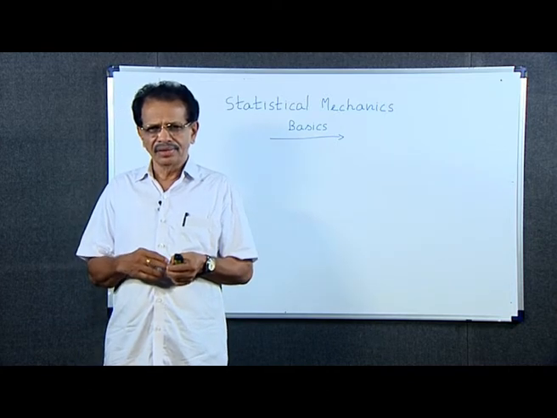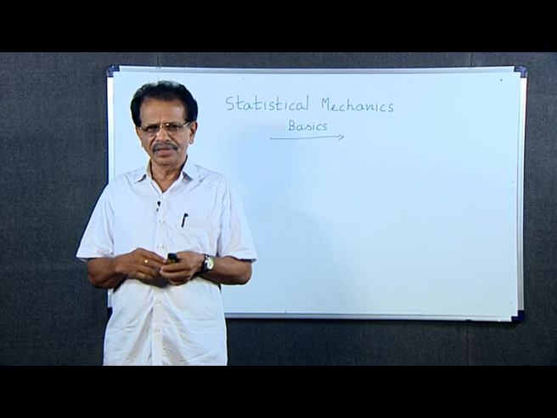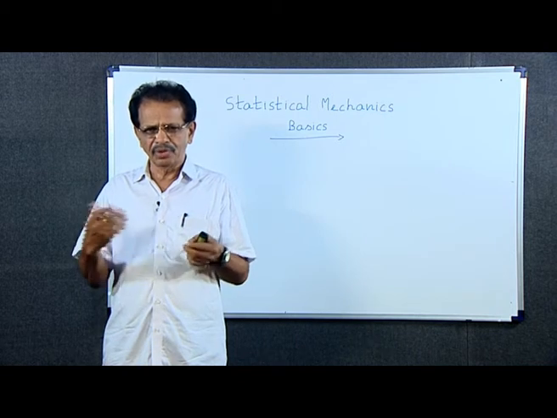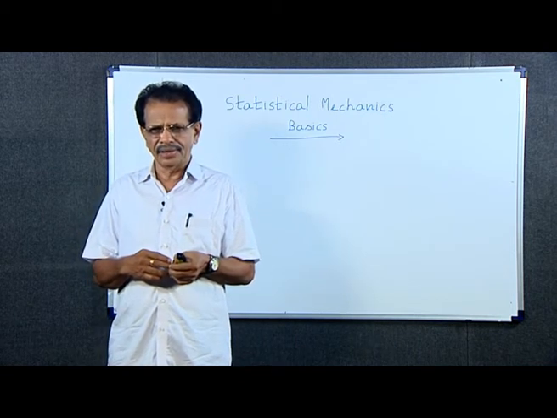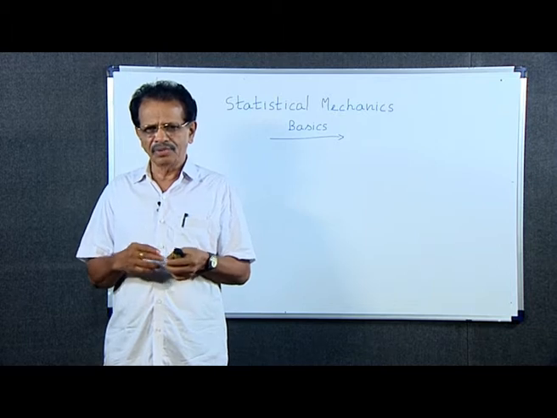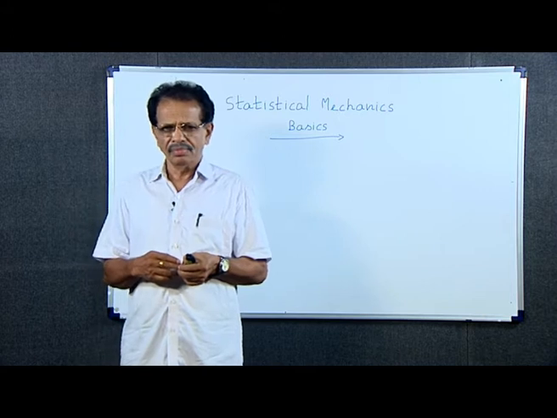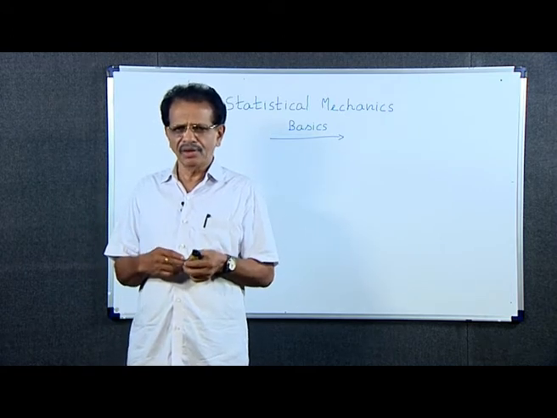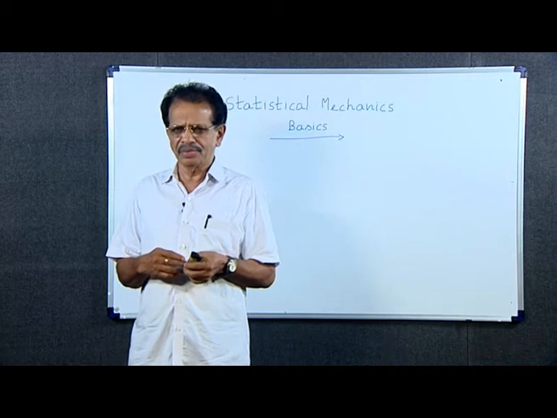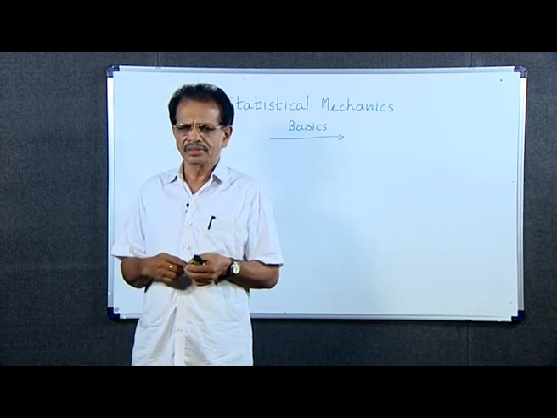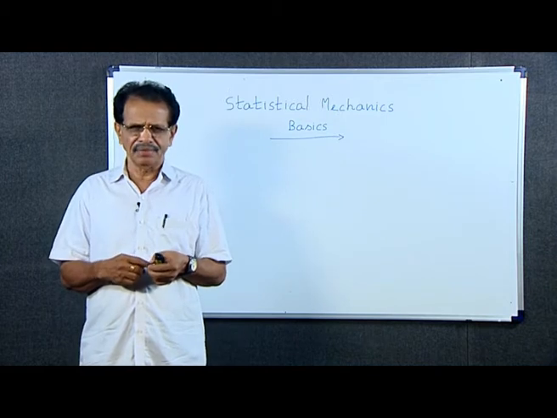Historically, for a bulk system there have been different approaches, and traditionally the first approach is the thermodynamics approach. But thermodynamics cannot explain very many properties. It has its own limitations because it is a phenomenological theory.